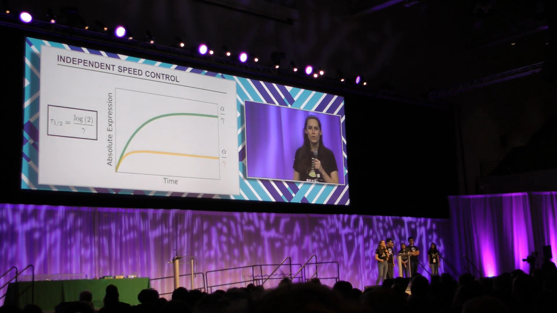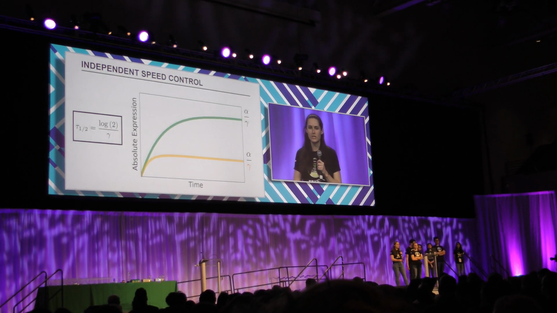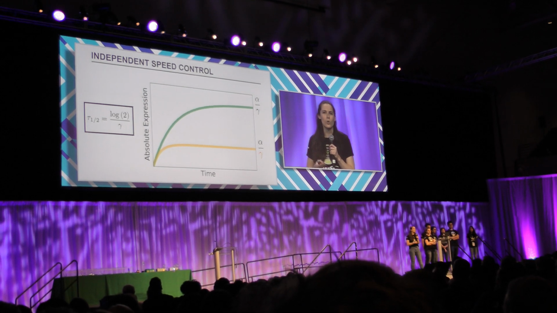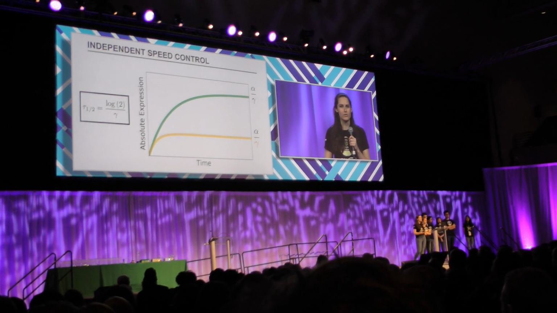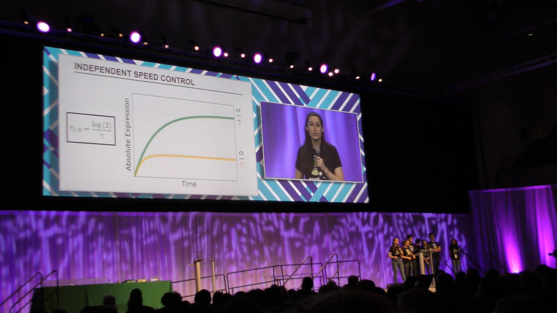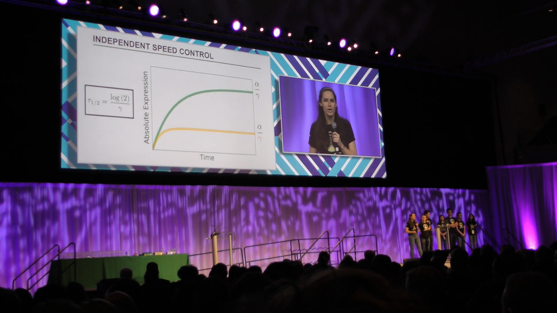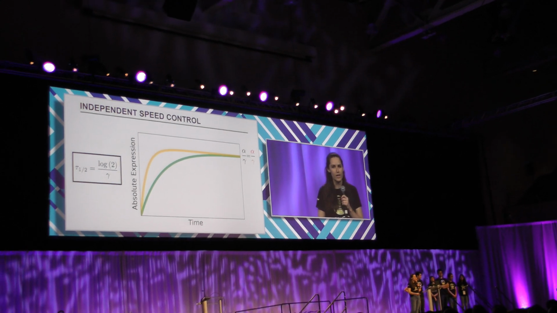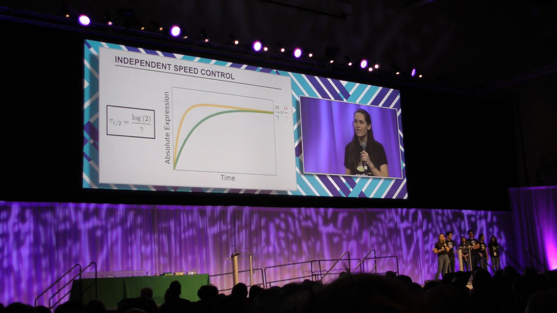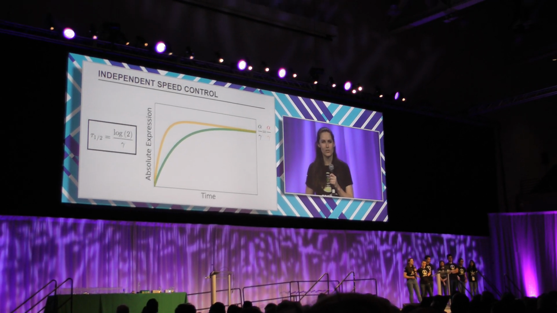However, ideally, we would like our speed control system to be independent of any other gene expression properties. Well, luckily, if you look at our definition of speed, or tau, we see that it's only a function of gamma, our degradation rate. This means that we should be able to readjust our steady state back to its original value by simply increasing alpha, our production rate, without having any effect on the speed change.